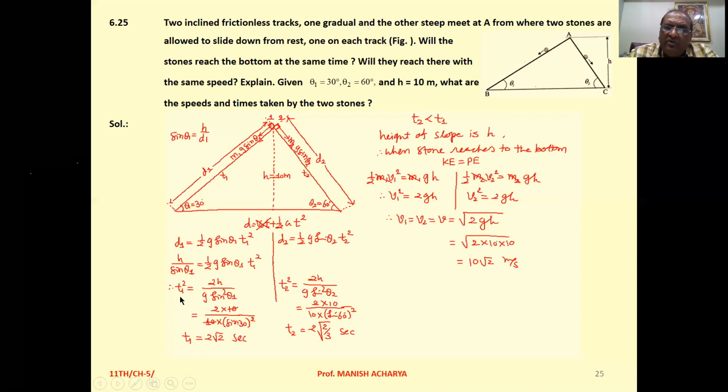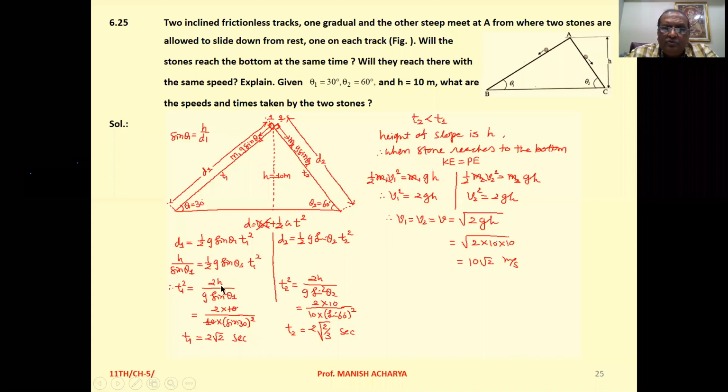We want to calculate time. So t1 square equal to 2h upon g sine square theta 1. Similar to this, we can write the equation for stone 2. Time taken t2. So t2 square equal to 2h upon g sine square theta 2.